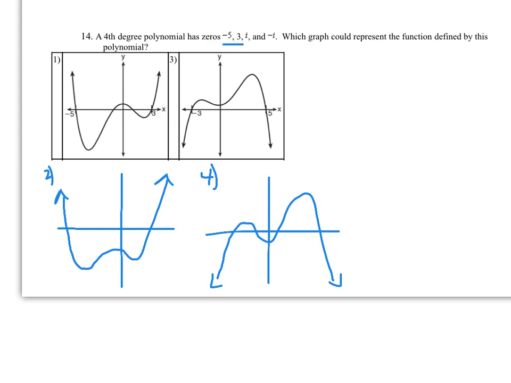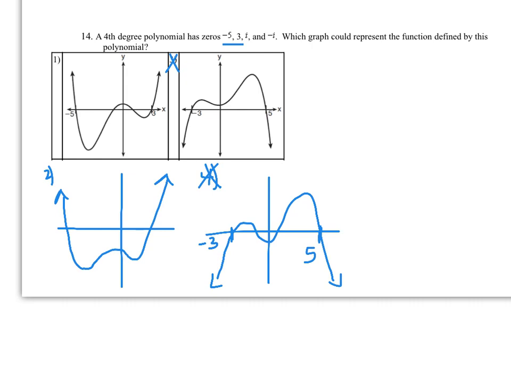Okay, so let me just write those in real quick just so we're not confused. But again, this is a -3 on your paper, and this is a +5. So since that's the case, we know that these two cannot be options for us. So it's got to be choice 1 or choice 2.